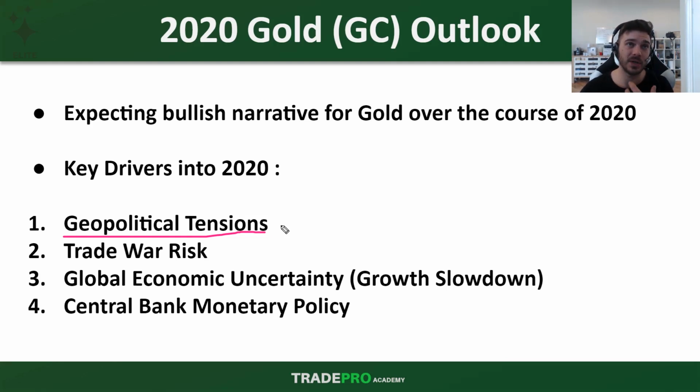And as such, when there's tensions like this, money tends to flow into a risk off environment. And in a risk off environment, you tend to see safe haven assets such as gold, such as the Japanese yen, such as the US dollar tend to catch a bit of a bid.